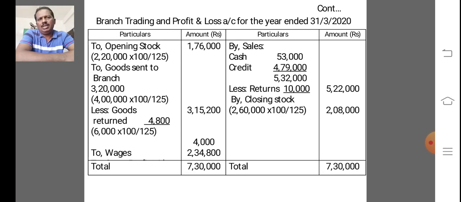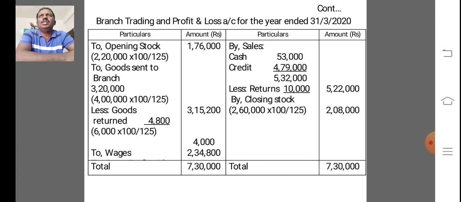that is 3,20,000 minus 4,800, we got 3,15,200 is the answer. And debit the wages, that is 4,000, and on the credit side, credit the sales, cash 53,000, credit 4,79,000, less returns 10,000, remaining balance is 5,22,000, and credit the closing stock applying the rules 2,60,000 into 100 divided by 125, that is 2,08,000.